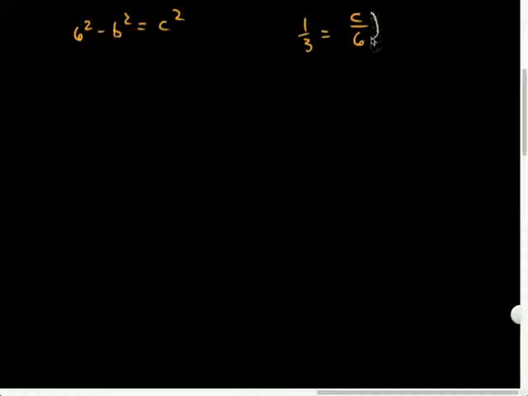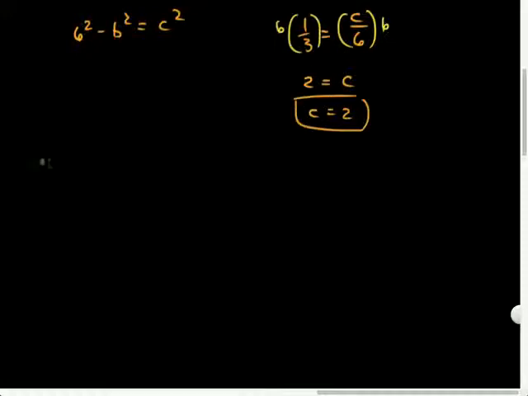That would also reciprocate this, and then I'd be solving for 6 over C. Well, how could I get C by itself over here? Yeah, multiply by 6 on both sides. And I get C equals 2, or 2 equals C. Right?